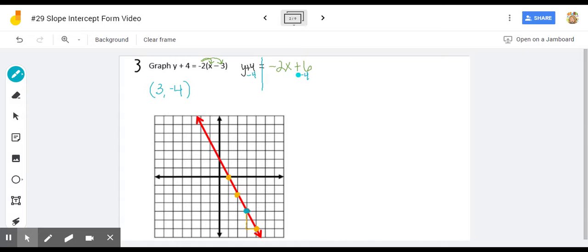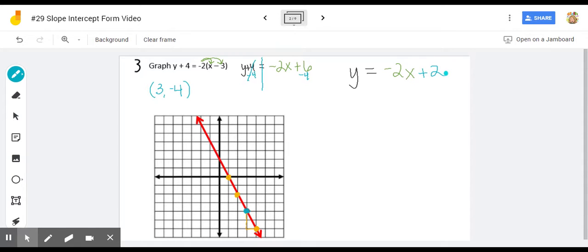You got to make sure you match them up so it's a number and a number. So those 4s will go away. And guys, we end up getting y equals negative 2x, and 6 minus 4 is positive 2.